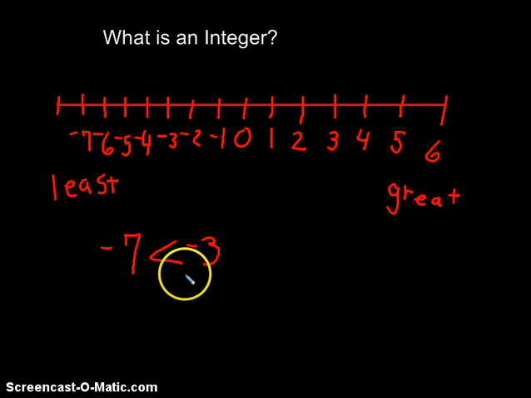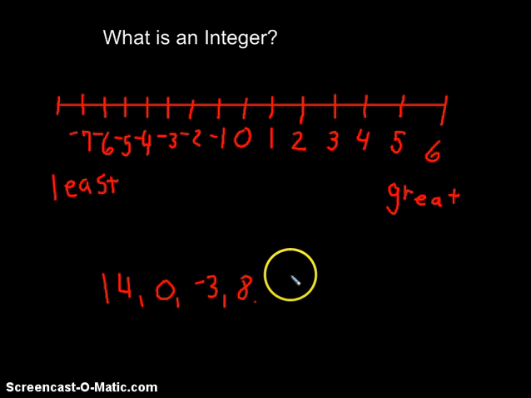Many times you have to order or compare numbers. Remember, numbers that have a bigger absolute value, and we'll talk about that in a second. For instance, -7 is smaller than -3. So, if you are given a set of numbers that looks like this, we have 14, 0, -3, 8, and -7. You would order it from least to greatest.